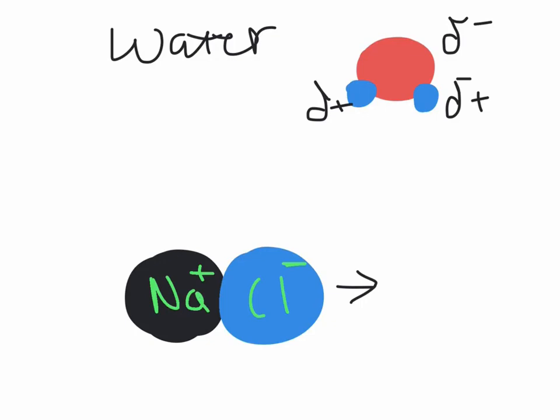And what's going to happen is your sodium is going to separate from your chlorine. And remember, these guys are still hanging on to the charges that they previously had. So we've got sodium with a little positive, and chlorine with a little negative.